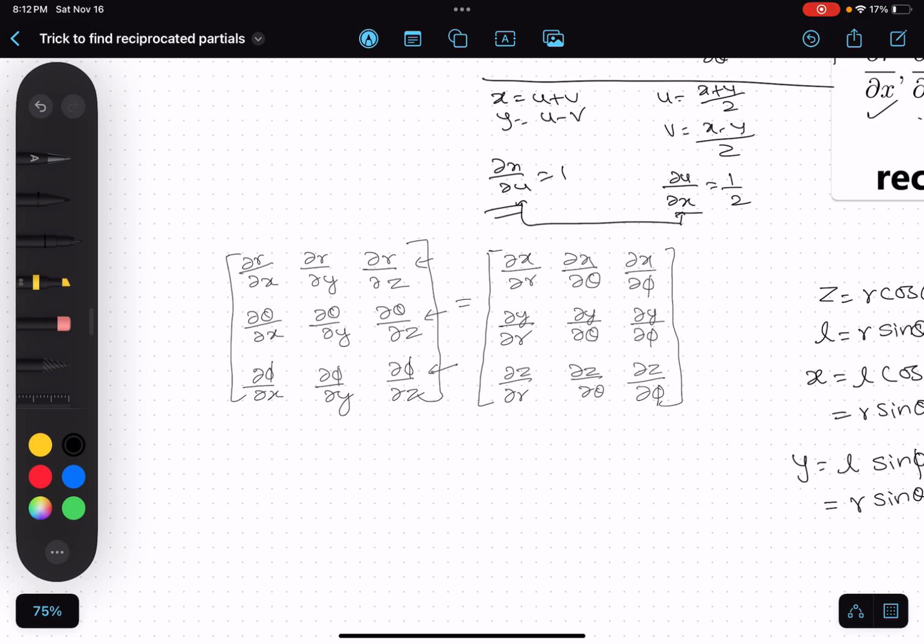It will just be its inverse. I'll give the reasoning at the end, but for now, just understand how this matrix is made.